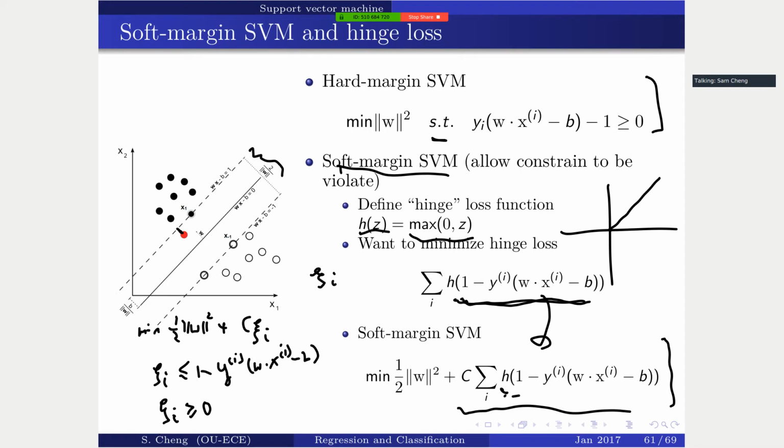Okay, ci is some kind of penalty here. So I want ci to be small. Wait a sec, it looks a little bit weird. When the constraint is not satisfied, meaning this is positive, right?